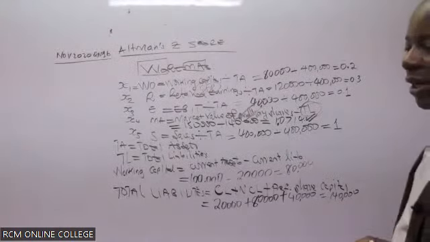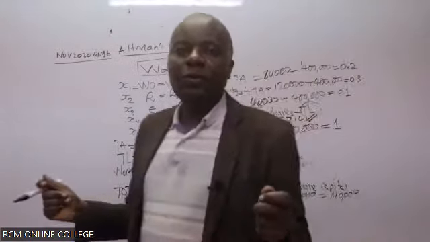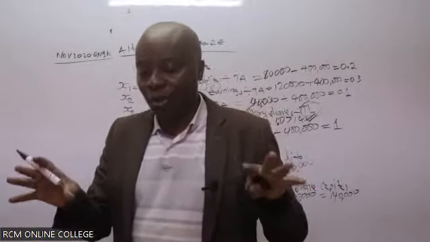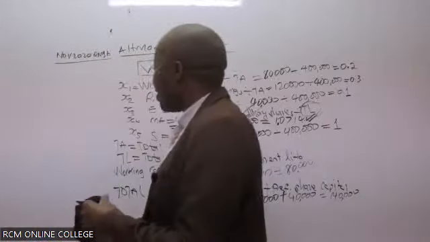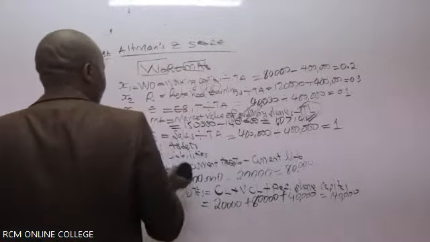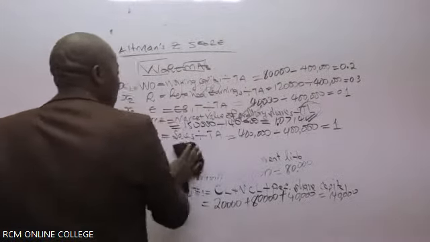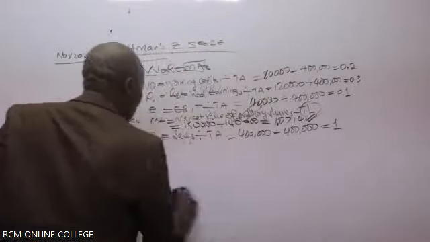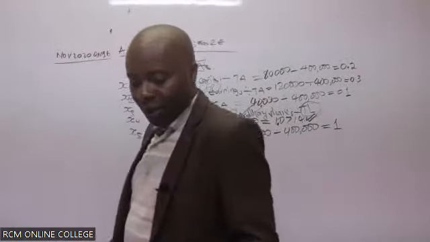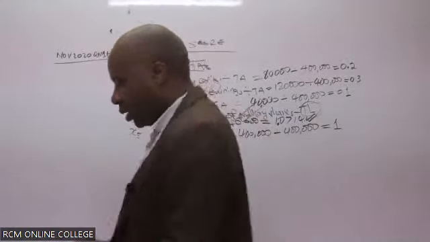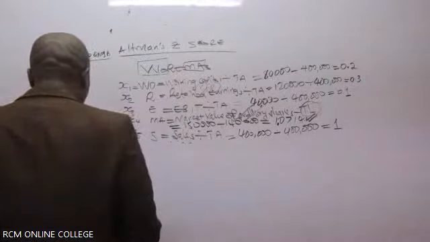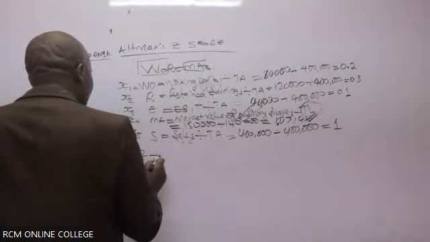Now we have got the 5 ratios. With the 5 ratios, we plug them into the Z equation, which will always be provided. Our Z equation has been provided up there.